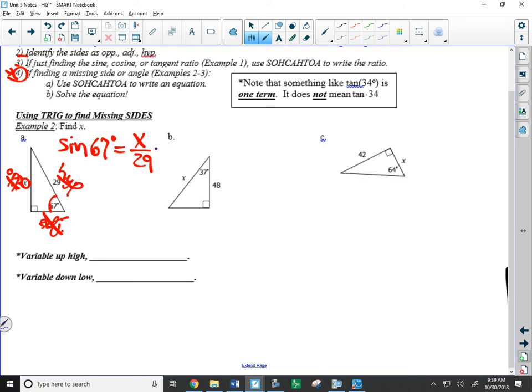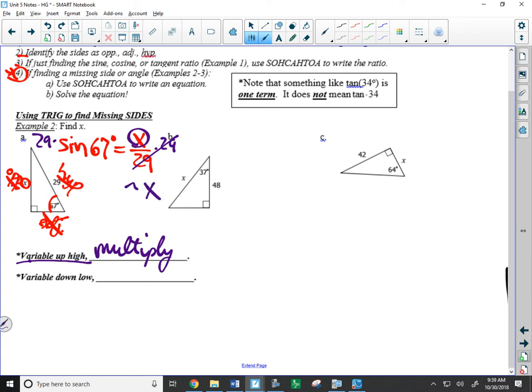Here's the little rhyme, in case you forget: variable on top, multiply. If the variable is in the numerator, multiply by the denominator on both sides so that you clear it out.